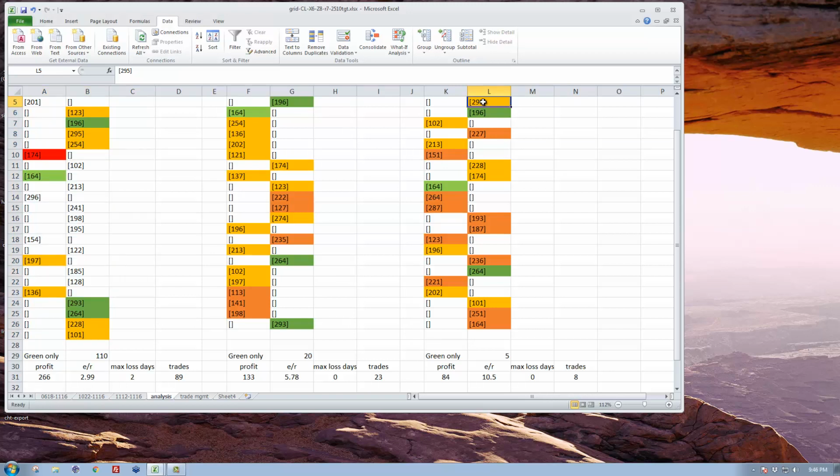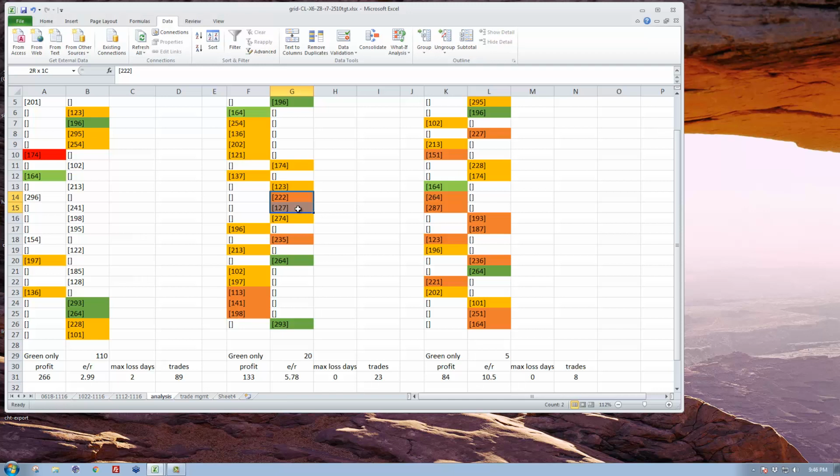295 is here, and then it's here, and then 102 long is here, and then it's, where is it? Must be over here. Yeah, right there. Now it would be interesting: what if I took the green and yellows and just ran with those?